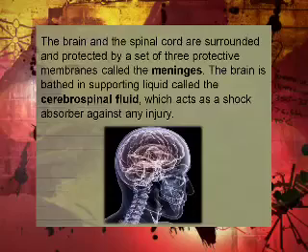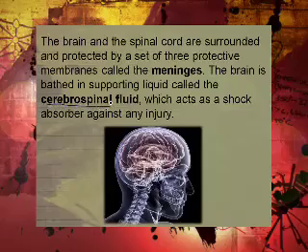But the brain and the spinal cord are also surrounded and protected by a set of three membranes called the meninges. And the brain then is bathed in a supporting fluid that fits or floats between these meninges, and that is called cerebrospinal fluid.